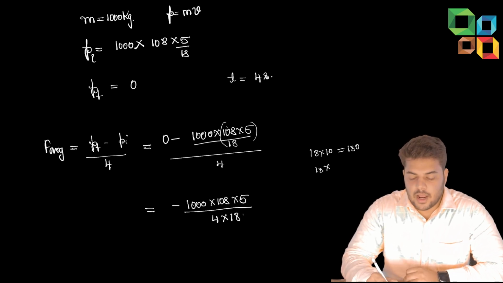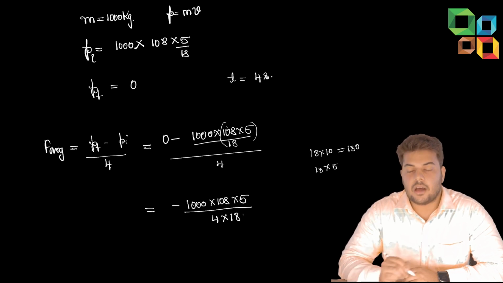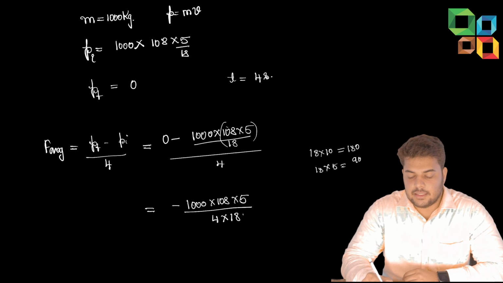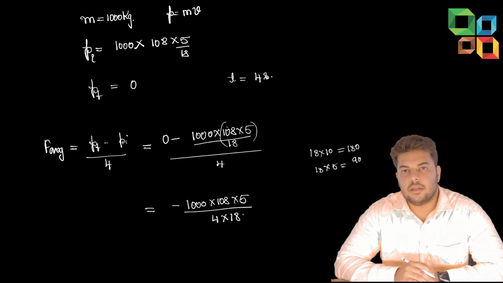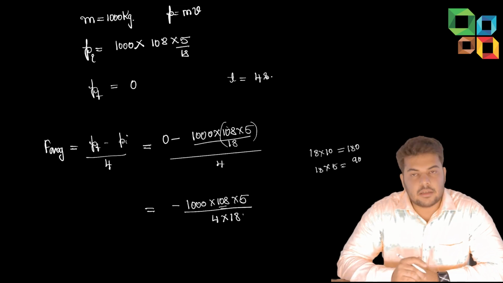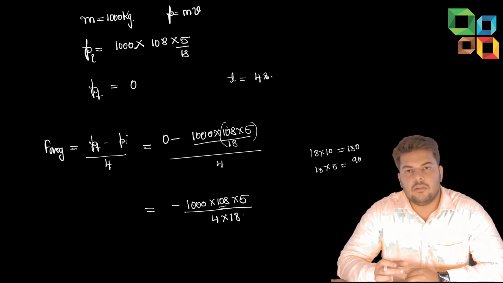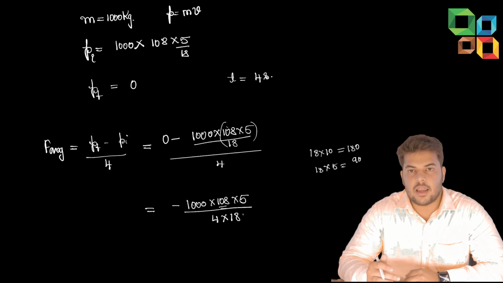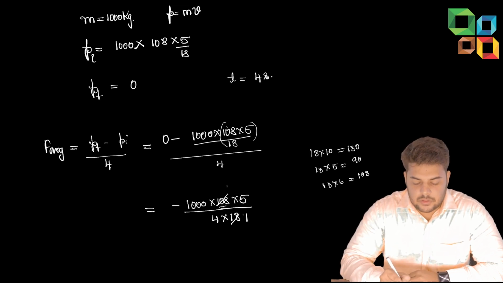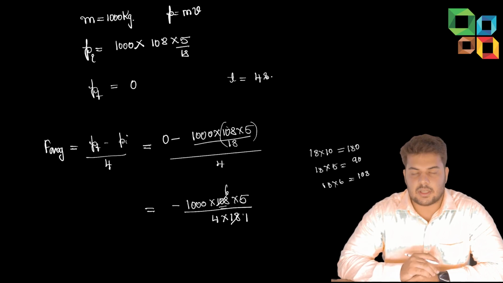So if I had half the number of 18s, that is 5, I would have had 90, right? So this number 108 seems to be 18 more than 90. Look at that, 18 more than 90. So how many 18s do I have? I'd have 6 18s, right? So this goes once and this goes 6 times.